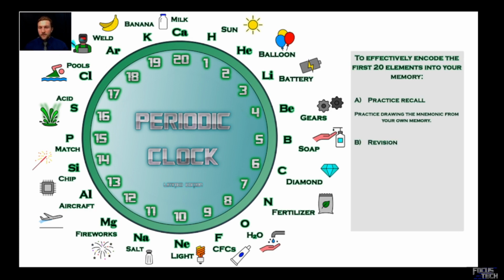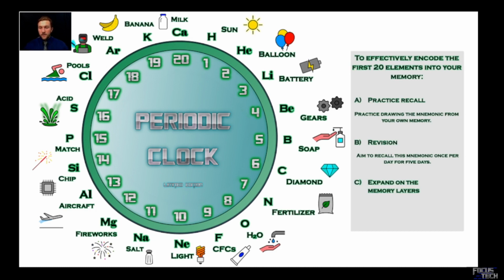For the next tip, I would do revision. The best way to do revision would be to try and recall this clock maybe once a day for 5 days. If you can do that successfully without error, you will have mastered that clock and you will know the first 20 elements without doubt.